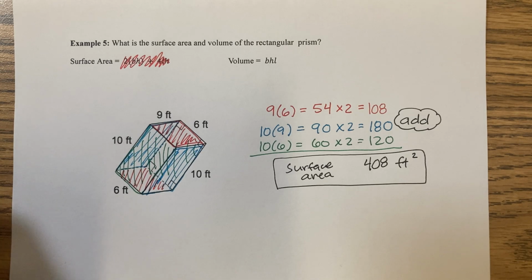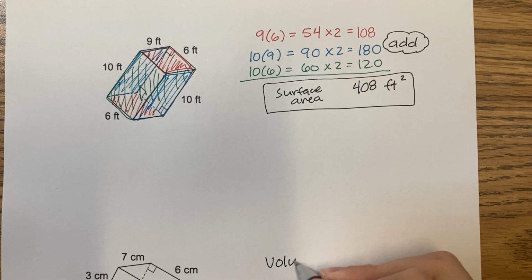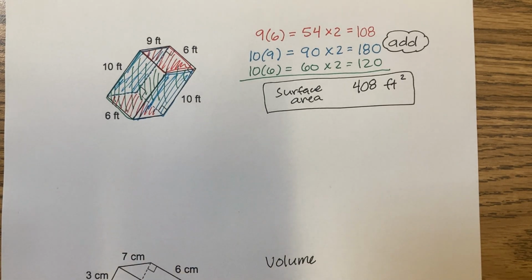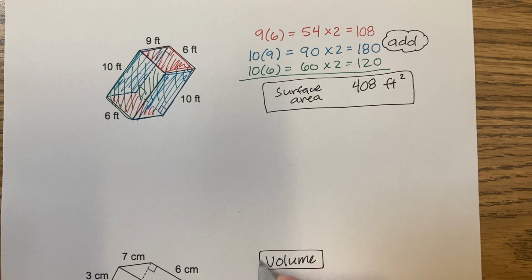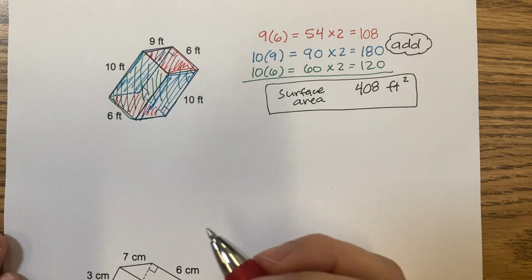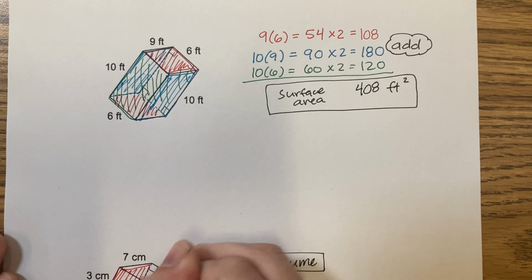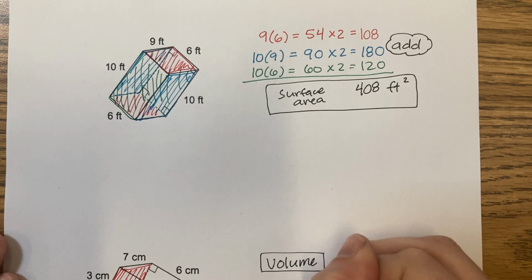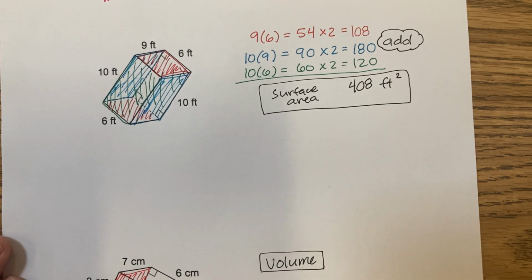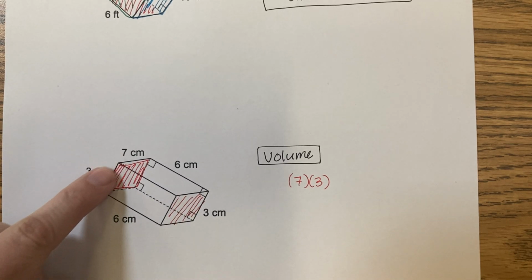If we do the volume, you can pick any side you want. So I'm going to pick this side. It is 7 by 3. Then in order for it to hit this side down here, this is 7 by 3.